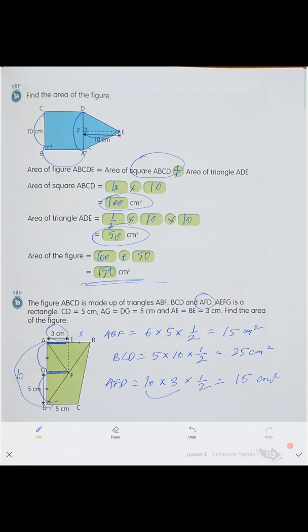Okay, so what is the answer? You sum up all of these triangles now to find the area of the composite figure, ABCD. Area of ABCD is equal to 15 plus 25 plus 15, 55 square centimeters. All right.